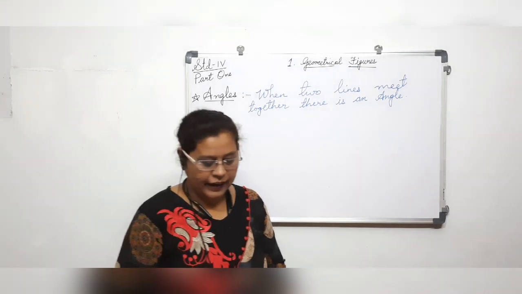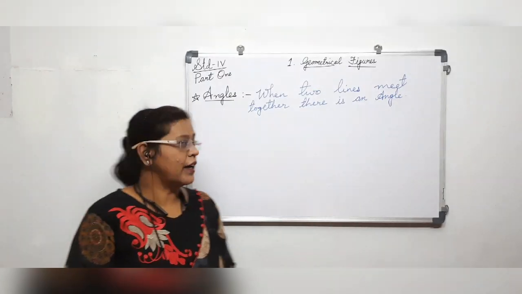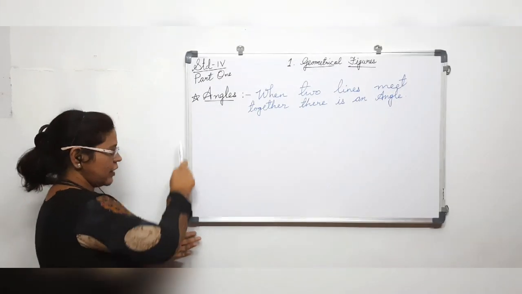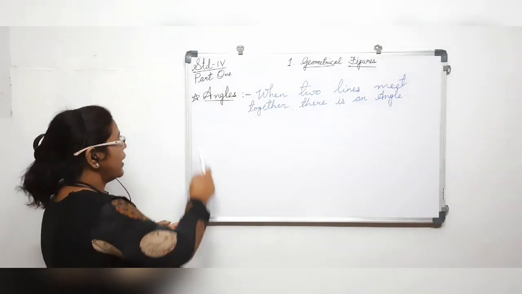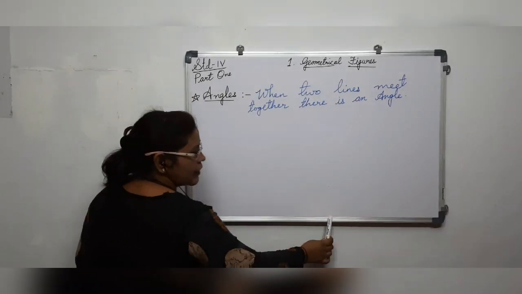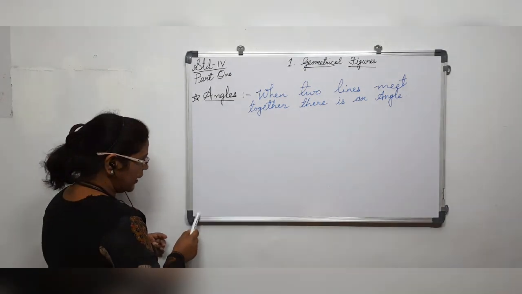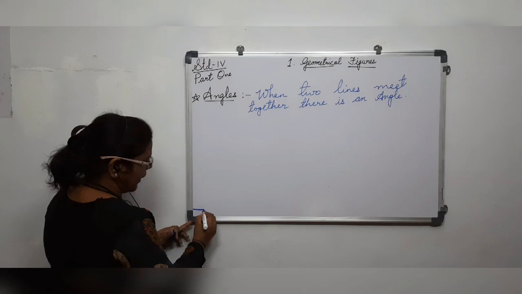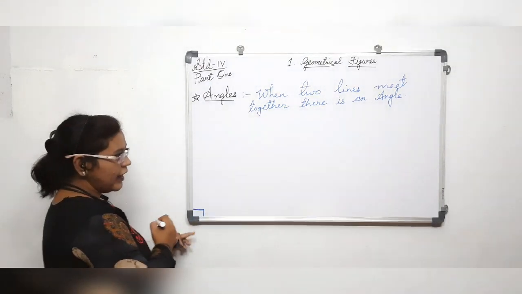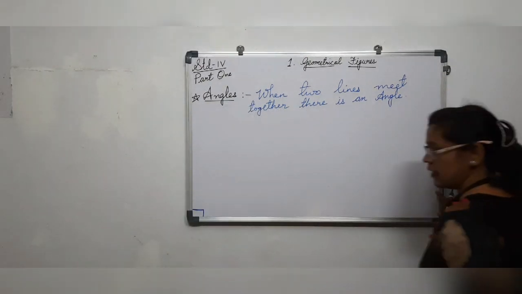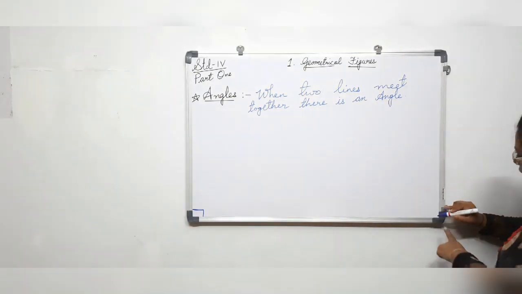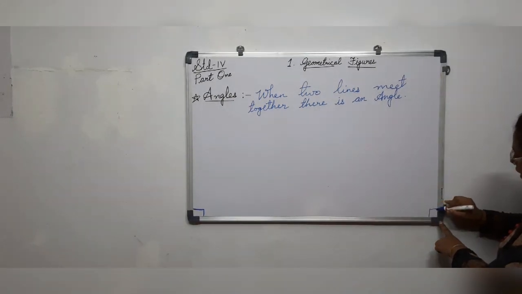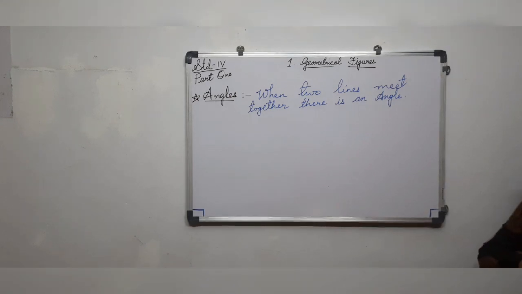For example, if you just observe this board, this one line and this one line are joining, so here it forms an angle. Here this line and this line join, and here also you can see there is an angle.